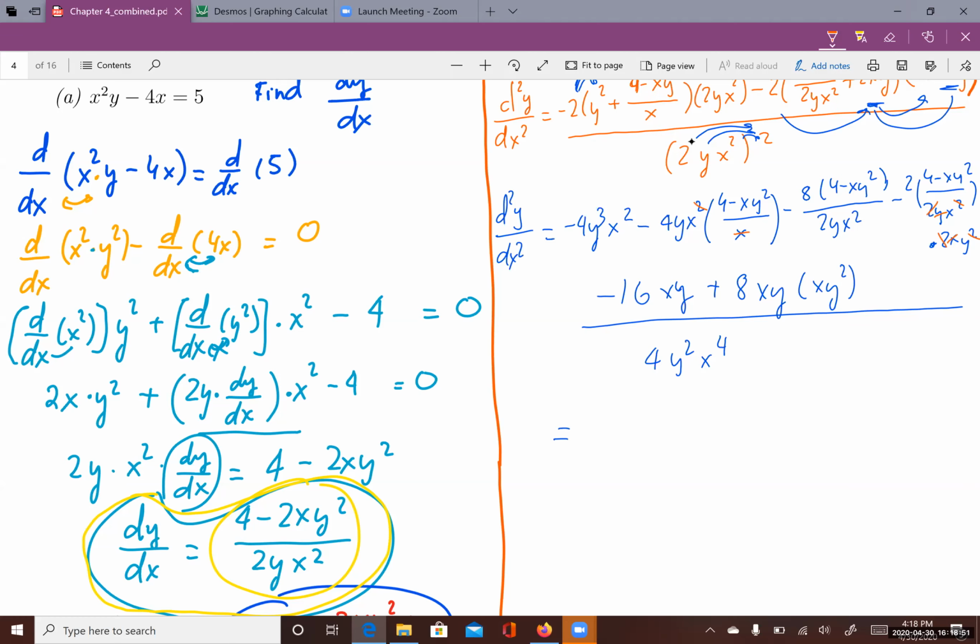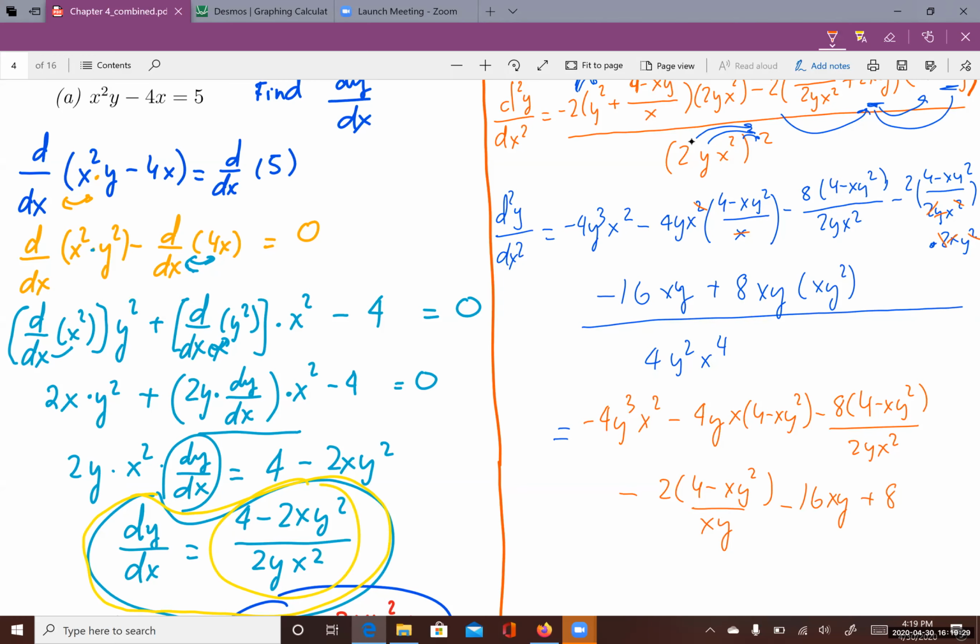So the next thing we want to do is -4y cubed x squared minus 4yx, 4 minus xy squared minus 8, 4 minus xy squared over 2yx squared minus 2, 4 minus xy squared over xy minus 16xy plus 8.